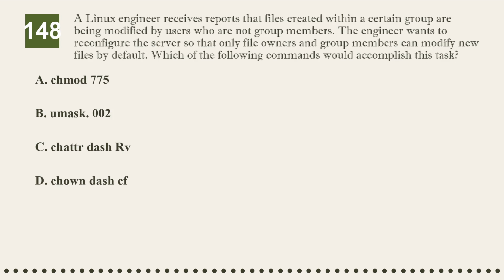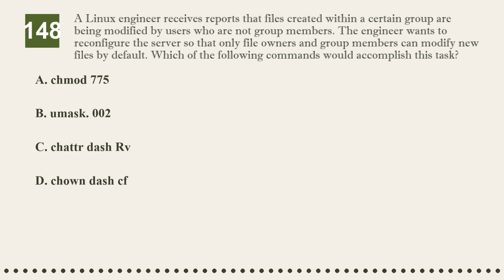Question 148. A Linux engineer receives reports that files created within a certain group are being modified by users who are not group members. The engineer wants to reconfigure the server so that only file owners and group members can modify new files by default. Which of the following commands would accomplish this task? Option A, chmod 775.